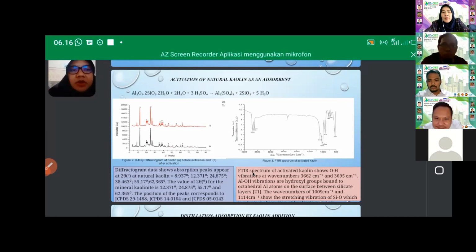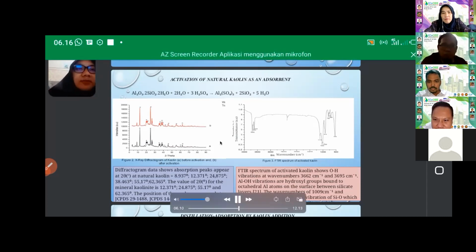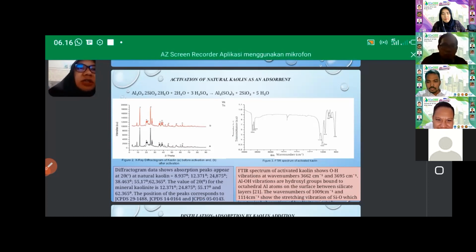Figure 2 shows the X-ray diffractogram of kaolin before activation and after activation. And figure 3 shows the activated kaolin spectrum of Fourier transform infrared.